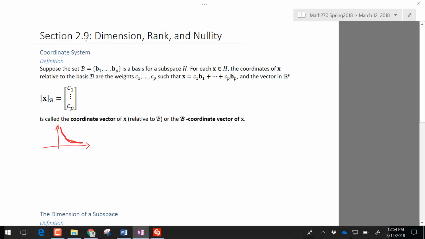We have our regular basis vectors for 2 dimensions, right? The i, j vectors.